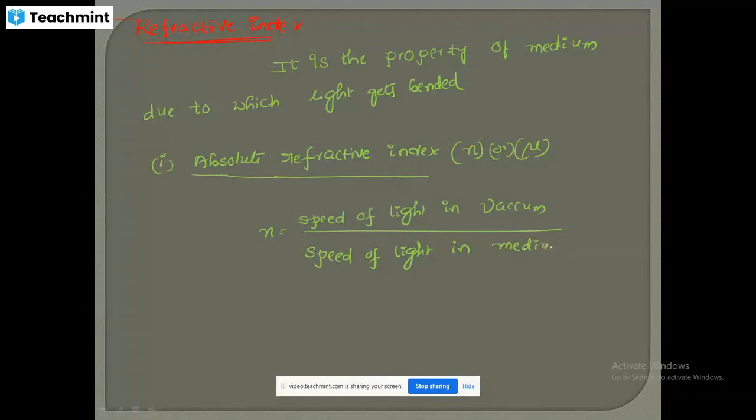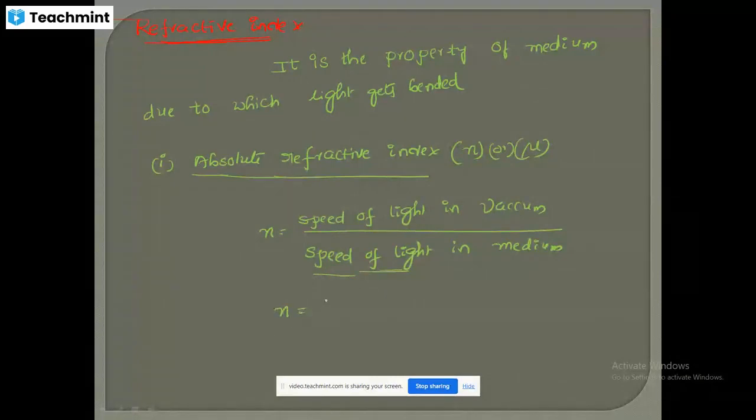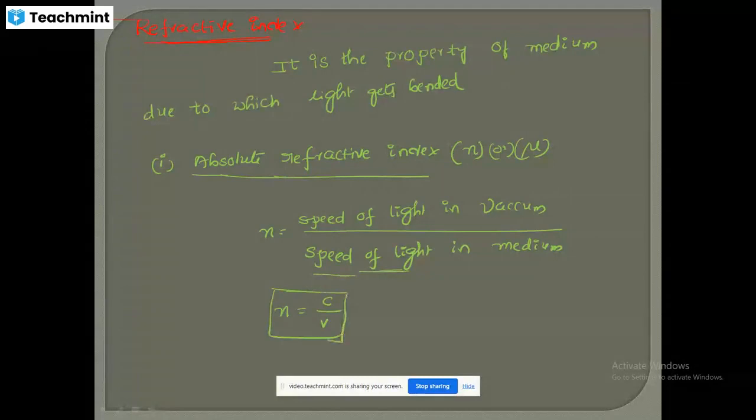That means we compare the speed of light in the medium with respect to the speed of light in vacuum. So n is equal to c by v, where c is the speed of light in vacuum and v is the speed of light in the medium. This is called the refractive index.